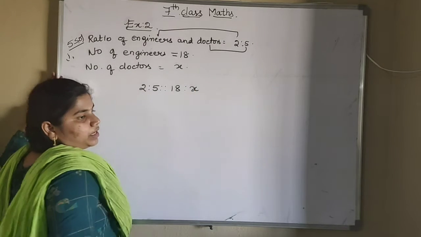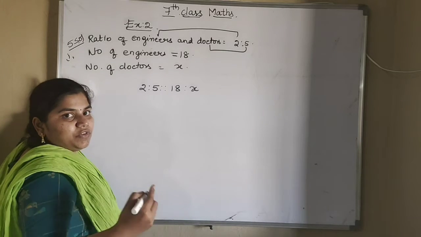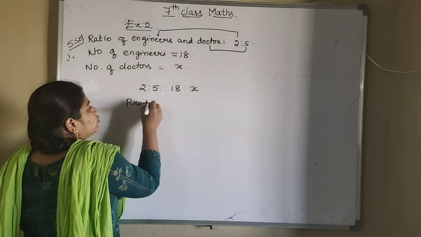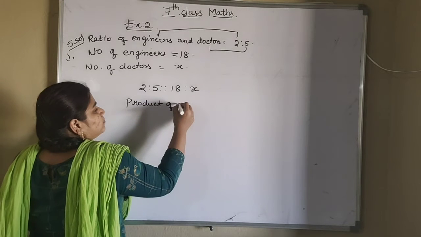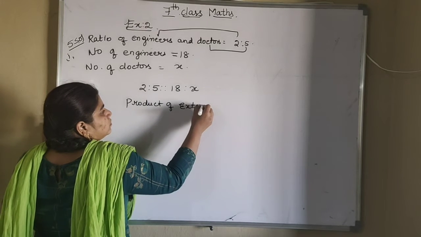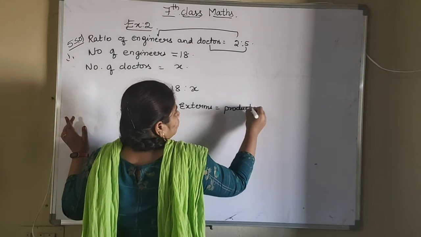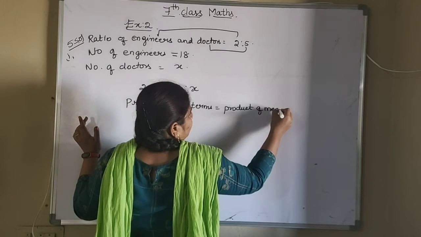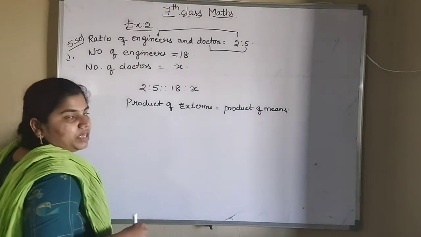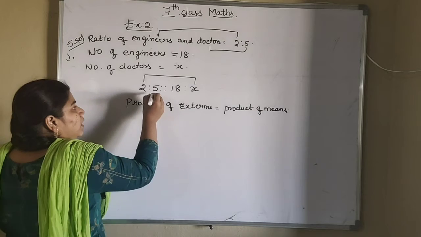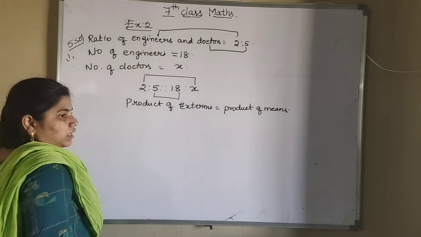We don't know, so I am taking it as X. Again we use the proportionality condition, that product of extremes is equal to product of means. First and last term are extremes and second and third term are means here.